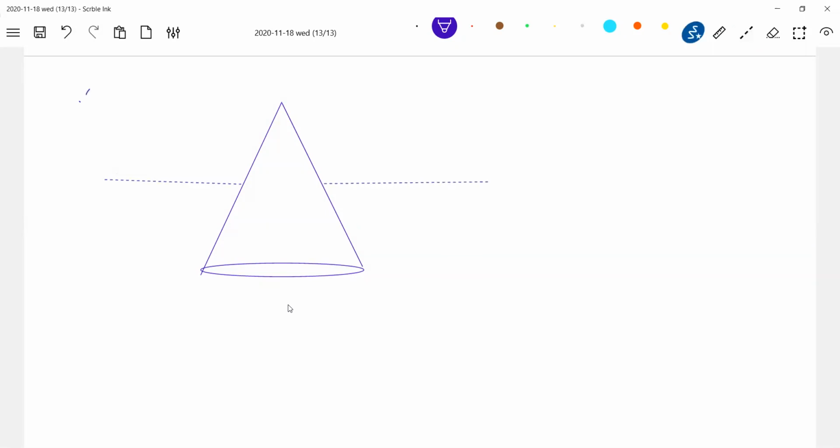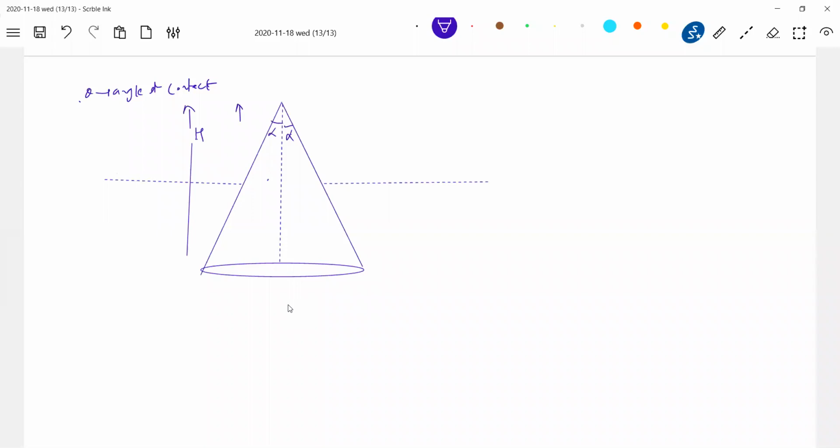The angle of contact is theta. Half of the semi-vertex angle of the cone, let it be alpha. Height of the cone, let it be h. Nothing else, only this information is there.